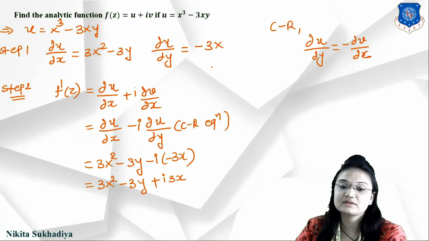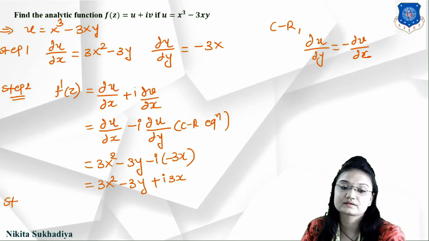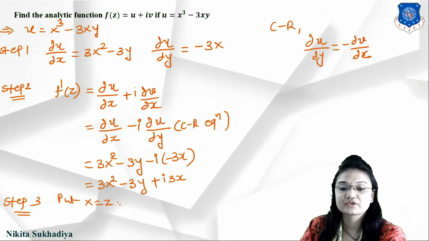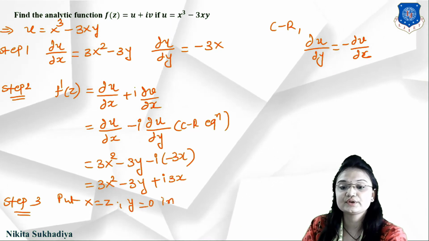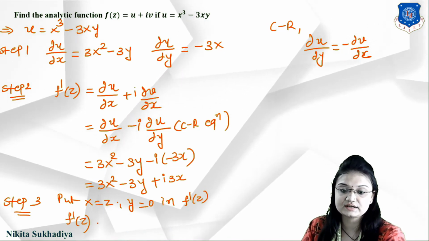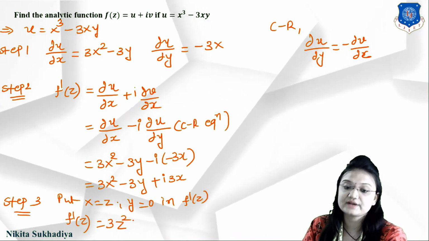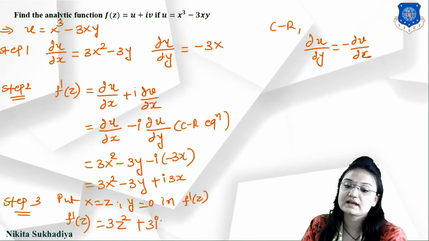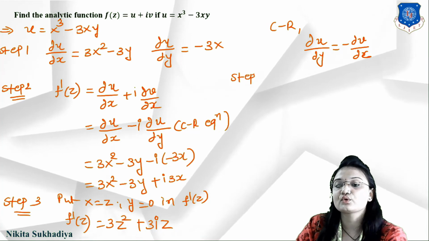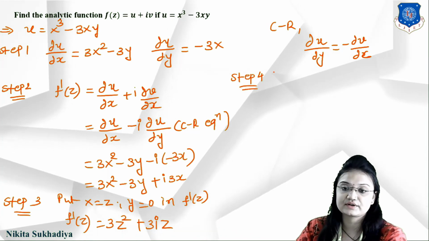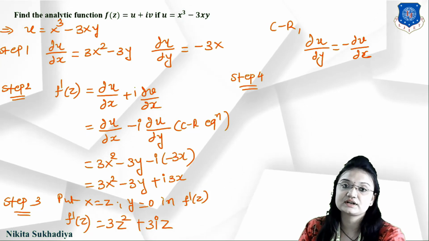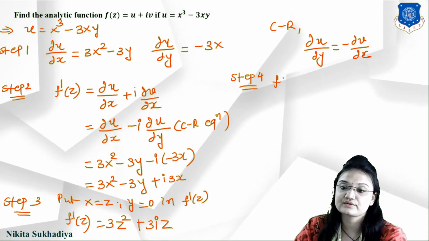Now step number 3, put x equal to z and y equal to 0 in f dash of z. So we will get f dash of z as 3z square plus 3iz, because y is equal to 0. Now step number 4, integrate f dash of z to find f of z. If we integrate the derivative, we will get our final answer, the function f of z.